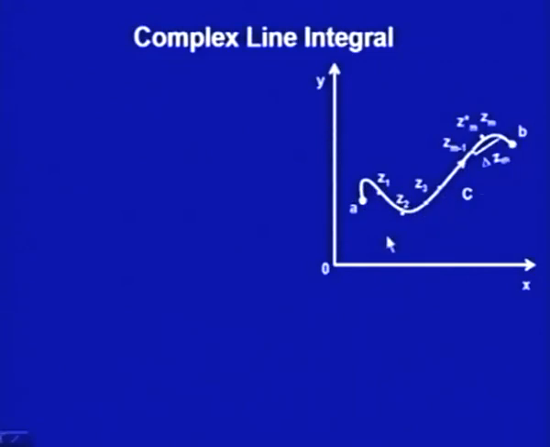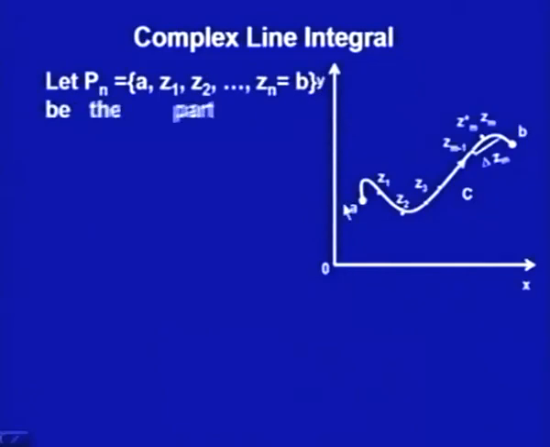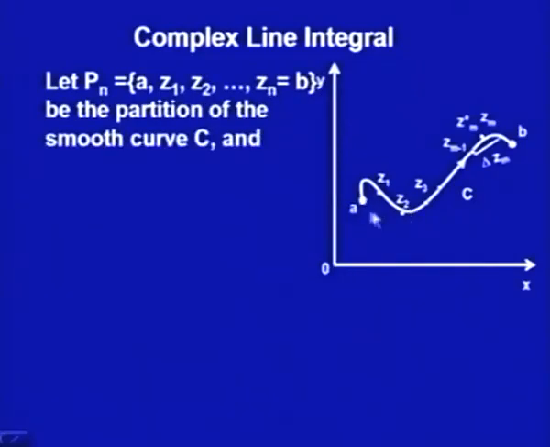How do we proceed? We will proceed in a simple manner, similar to the real integral that we have done in calculus. Let us partition this smooth arc or curve into n parts. Let us take z1, z2, z3 and so on, z m minus 1, z m and so on till z n, say b, n points on this curve.